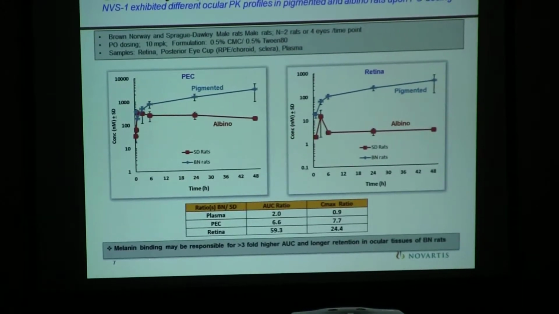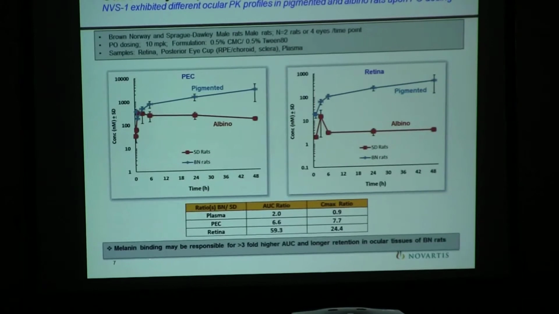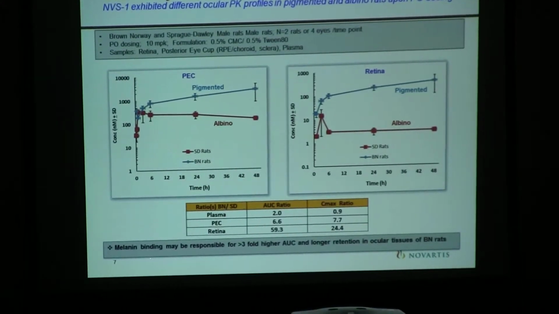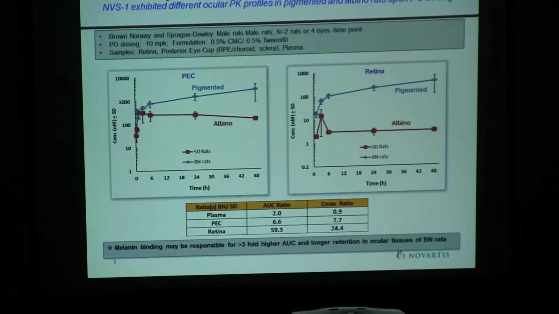What we saw with this drug is when we tested ocular PK in pigmented rats, so we used Brown-Norway rats, and non-pigmented rats, which are Sprague-Dawley male rats, and dosed this drug orally at 10 mpk, we see completely different ocular PK profiles. As you see in the posterior eye cup of rat after oral dosing, this line shows the PK profile in pigmented rats, and here is the albino rats.